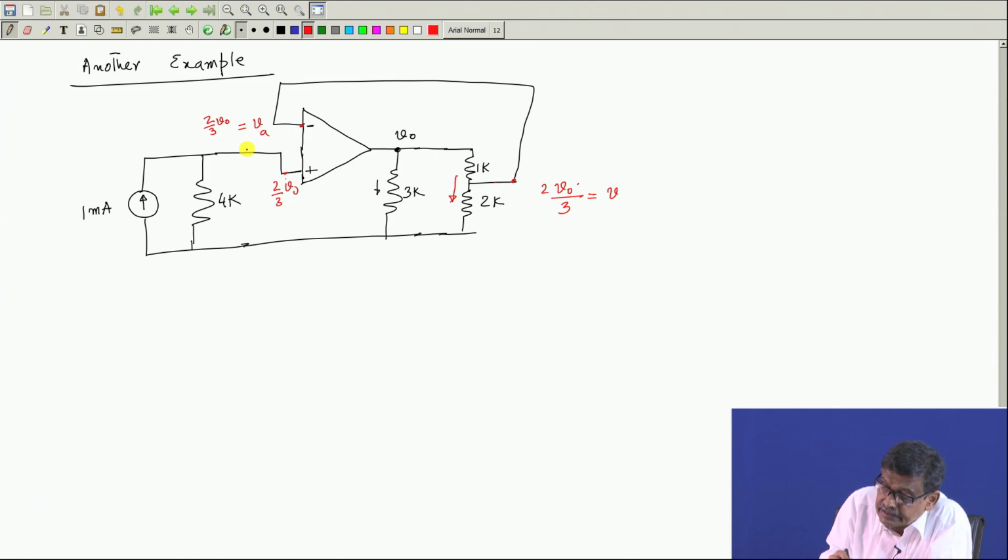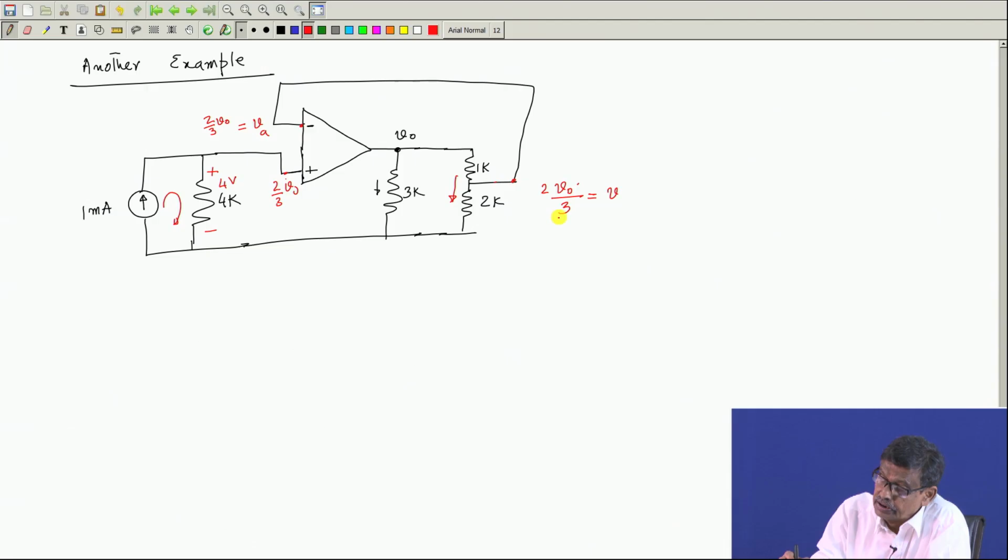What will be the current in this branch? Op amp does not draw any current. So, this current is 0. Therefore, this 1 milliampere will circulate here, and what will be the voltage between these 2 points? Potential between these 2 points will be then 4 volt, 4 k into 1 milliampere. So, this voltage is known.